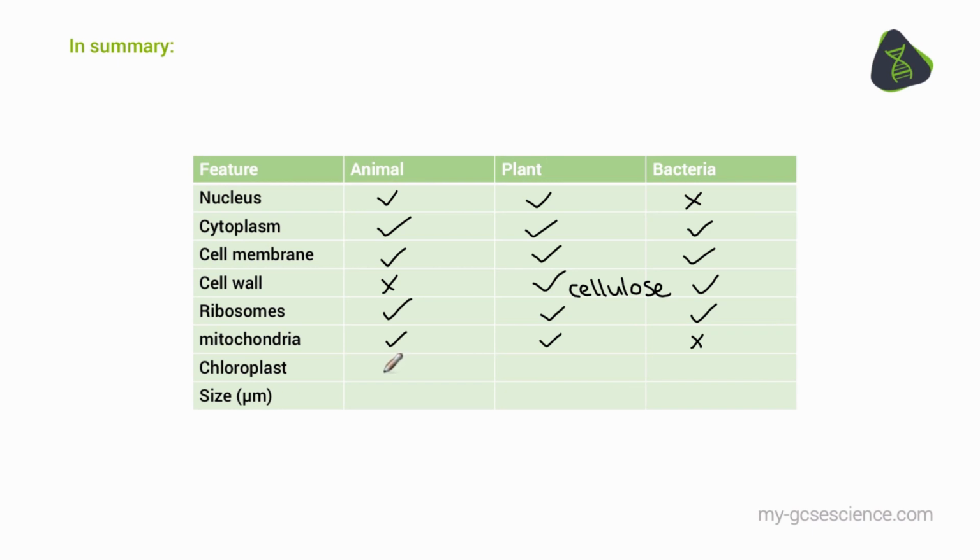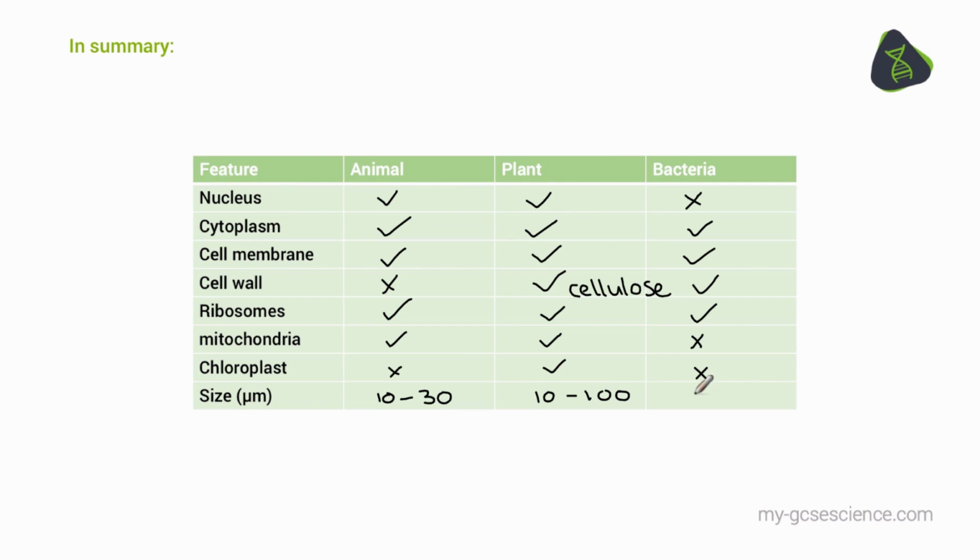Animal cells do not have chloroplasts. They cannot make food via photosynthesis. Plants can, bacteria cannot. Size-wise, animal cells are between 10 and 30 micrometers. Plant cells, slightly bigger, between 10 and 100 micrometers.